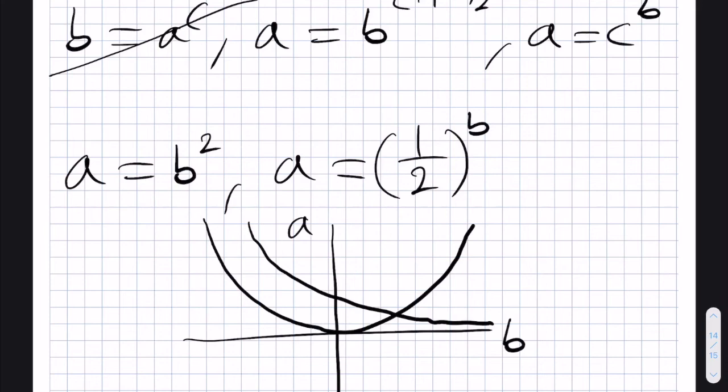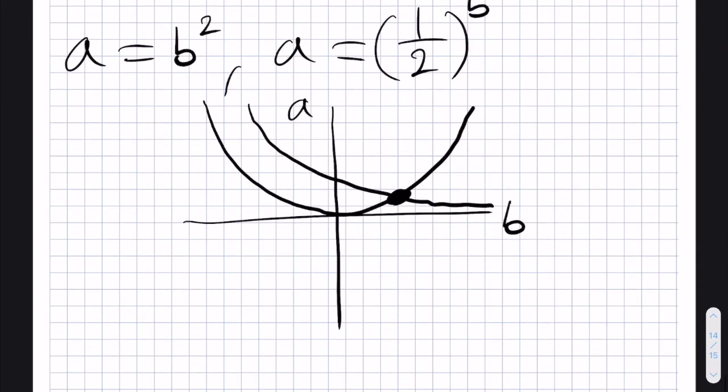However, there is indeed a solution on this side for positive b. And as we see from how the functions increase for the quadratic and decrease for the exponential, there is only one solution for a and b. And therefore, there is only one solution for a, b, and c because c is unique with 1/2 as its value.